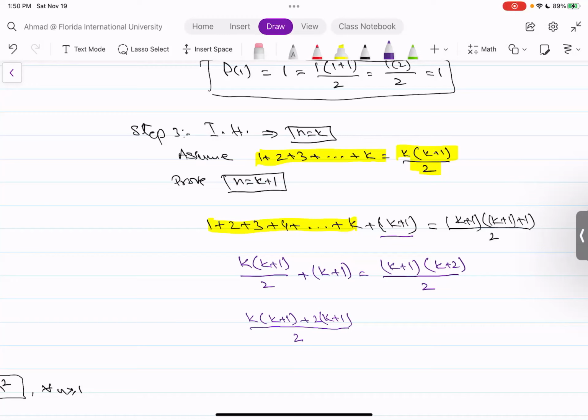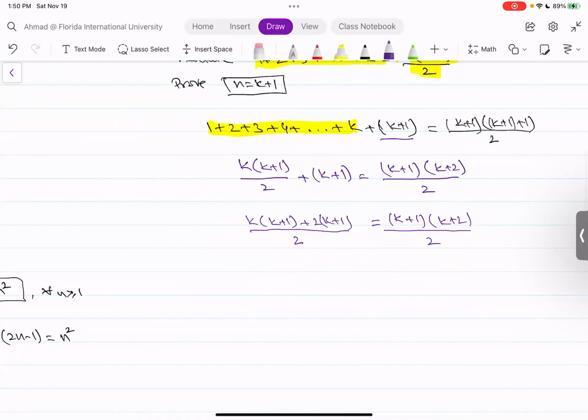You actually multiplied this term with 2 and divided it by 2, nothing else, right? Or in other words, you have taken the LCM of these two terms. And on the right hand side, it is going to be k plus 1 into k plus 2 divided by 2. So you can multiply both sides with 2 to make it simple, right?